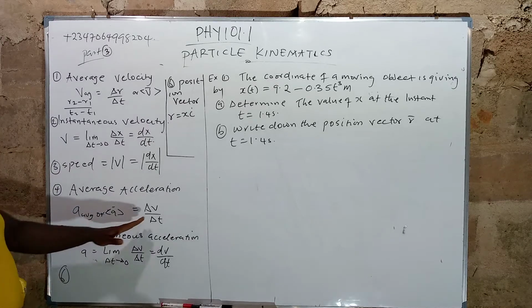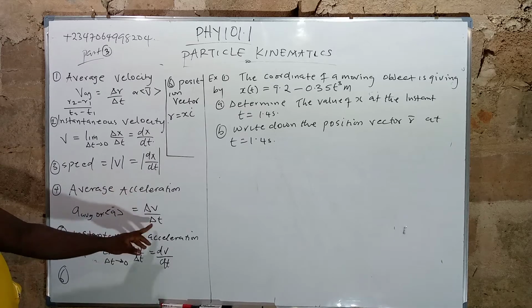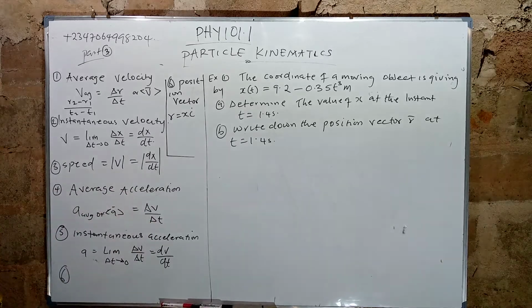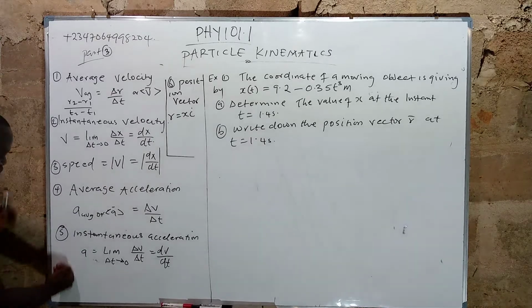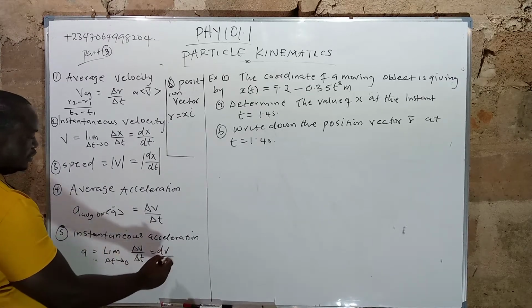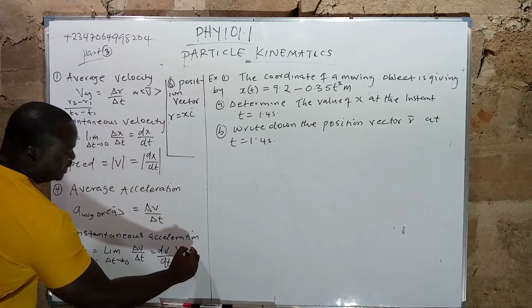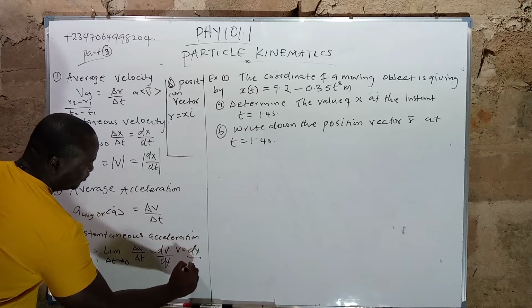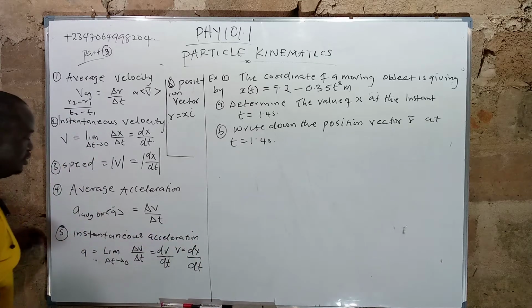Average acceleration, this is it. Either you use A average or you use this symbol, it is changing V all over changing T. Instantaneous acceleration, this is it. Now, I want to make a simple adjustment here. If this is the formula, remember that V here is dx all over dt. So I want to remove this V and replace it with dx all over dt.